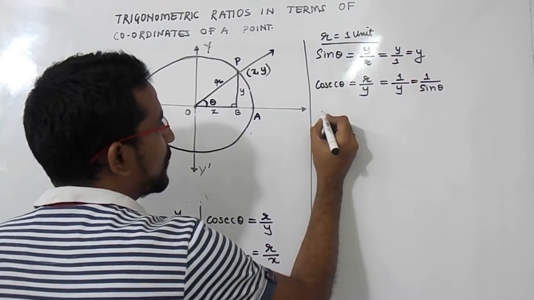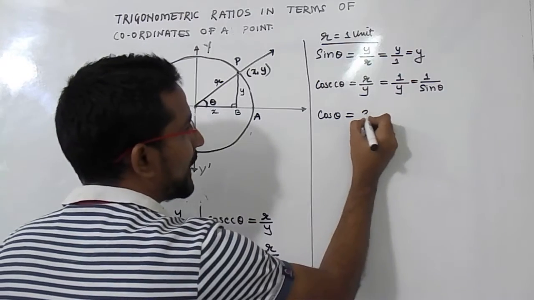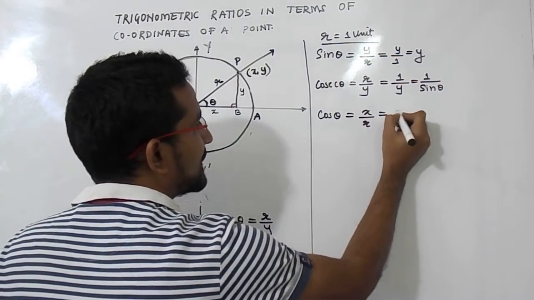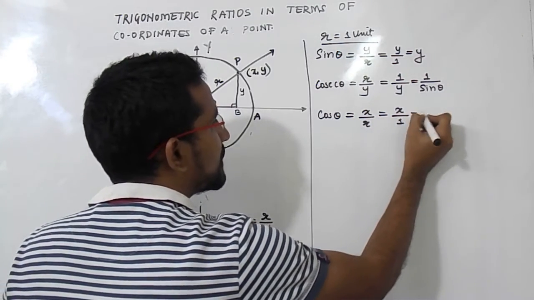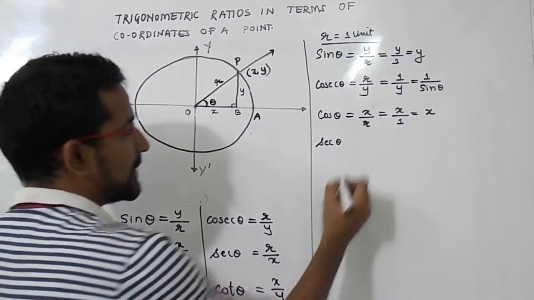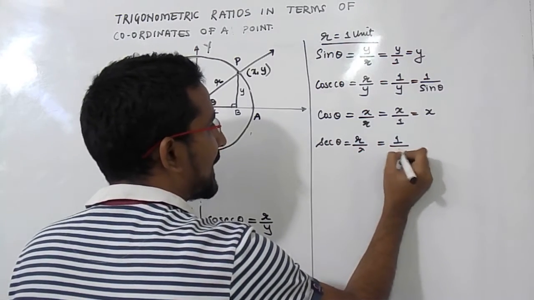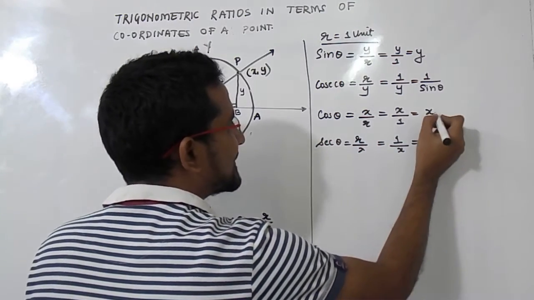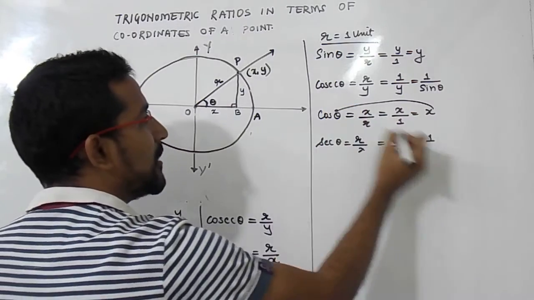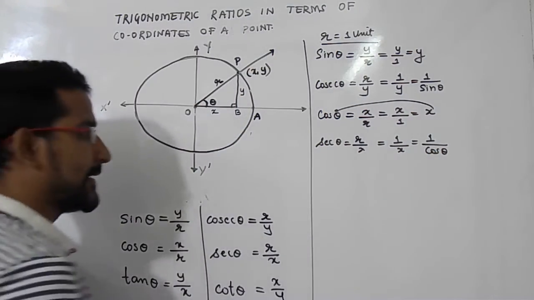Now what is cos theta here? Cos theta is x by r, and r is 1 unit, so it is equal to x. What is sec theta? Sec theta is r by x, so r is 1 unit, giving 1 upon x. X is nothing but cos theta, so sec theta is equal to 1 upon cos theta.